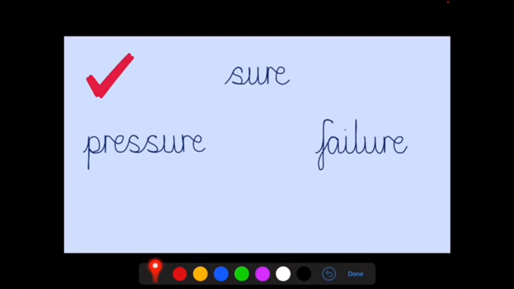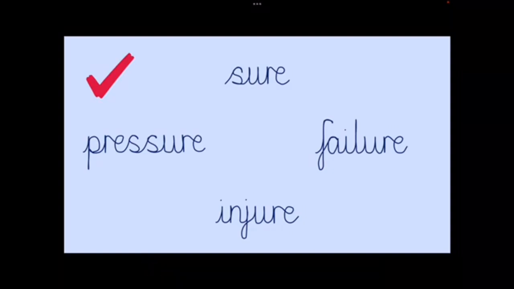And our last word, injure. And this time we have j, which is exactly what we say. Injure. Brilliant. No injuries here. We know exactly what we're doing.